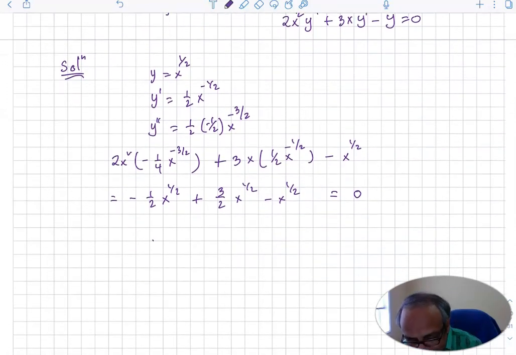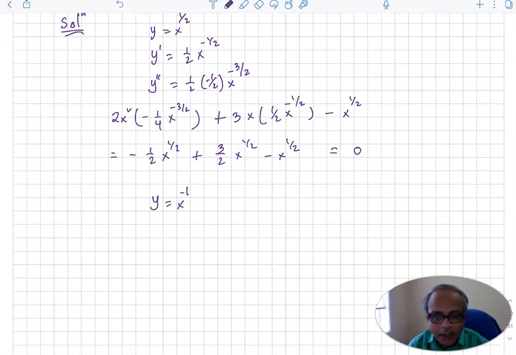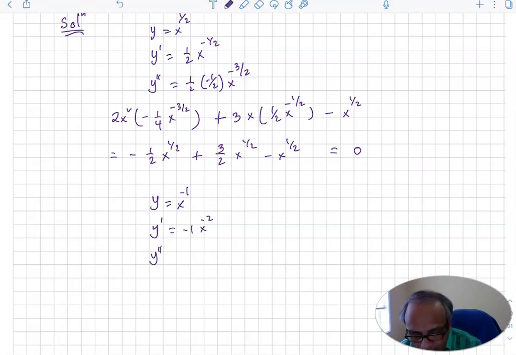Then the next one is x to the power minus 1. First one is x to the power half, next one is x to the power minus 1. So y prime is minus 1 times x to the power minus 2, and y double prime is minus 1 times minus 2 x to the power negative 3.